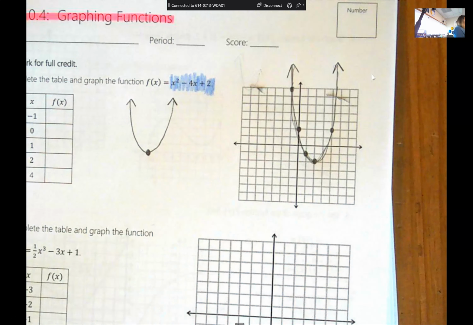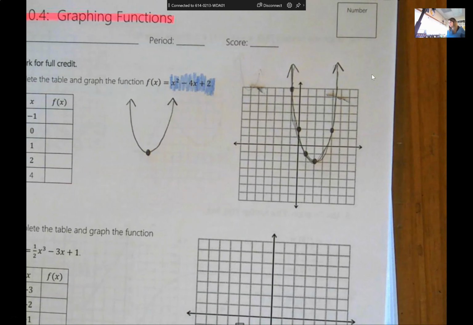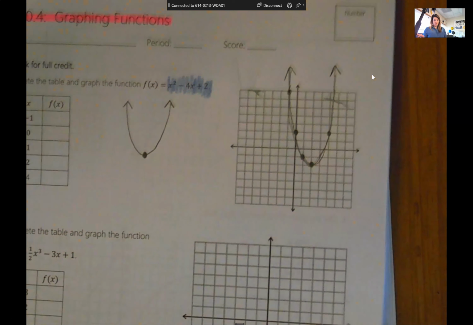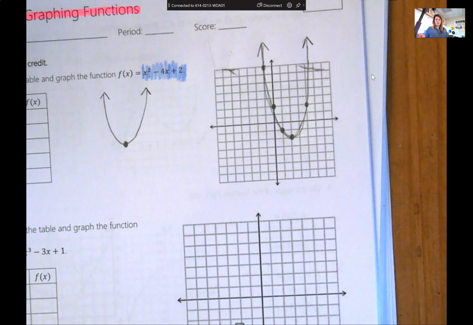I'll give you about 30 seconds to finish up this problem, and then we will go to number 3 in our notes.